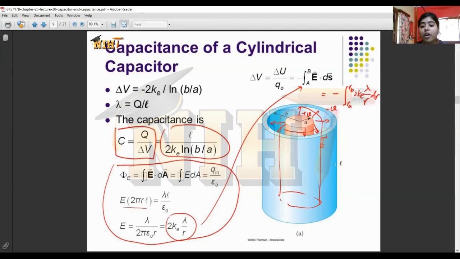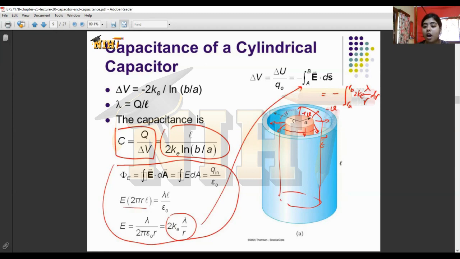For that, again we have to consider a Gaussian surface. We know that the electric field intensity has a cylindrical symmetry, so we consider a Gaussian surface that is a cylinder. The radius of the cylindrical Gaussian surface is, suppose, small r.